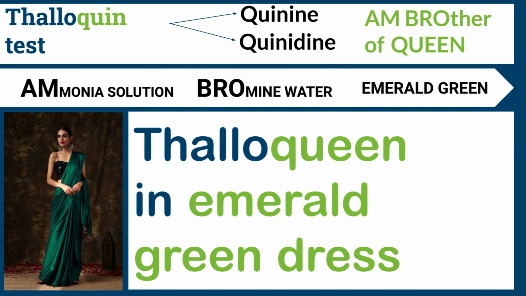You can see the picture of that queen, a queen in an emerald green dress. From this picture, you can remember that if quinine and quinidine are present in the sample, the Thalleioquin test gives emerald green color.